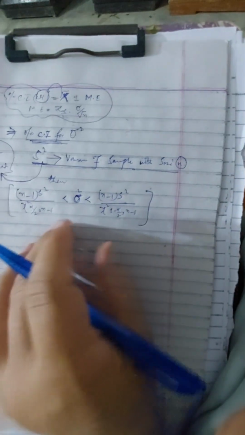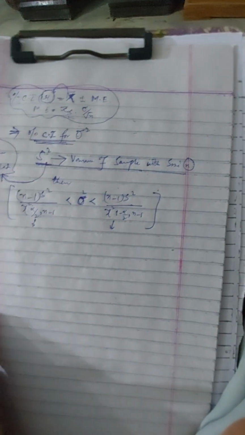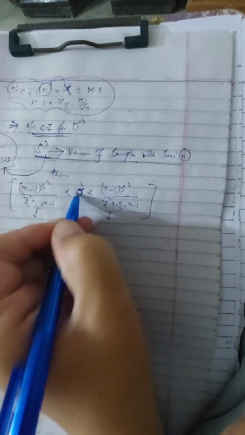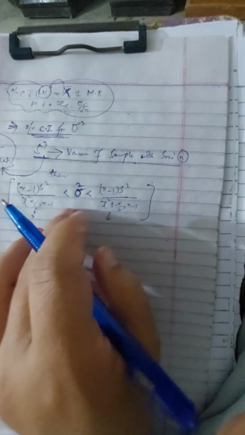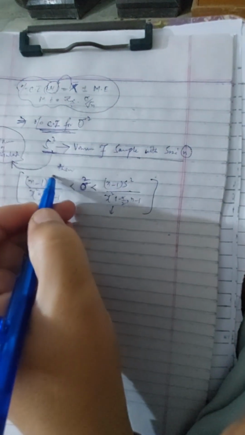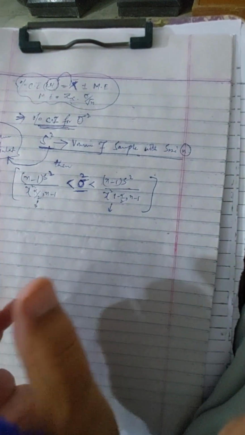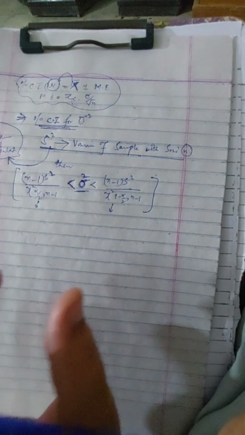So this is the confidence interval, with the left hand side value and the right hand side value for sigma square. From the sample variance, we calculate where the population variance will lie in an interval. We find an interval for the sigma square value, and we say that we are this much sure that the population variance is in between these two values.